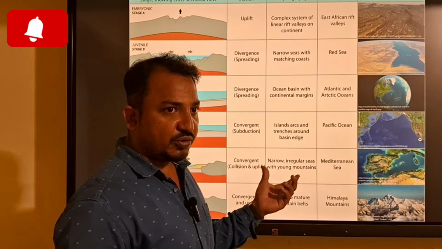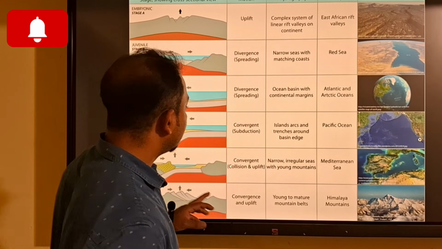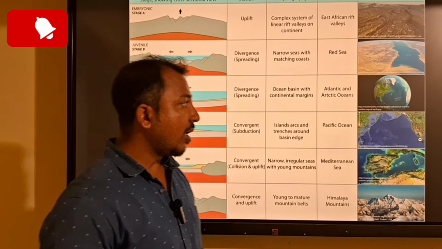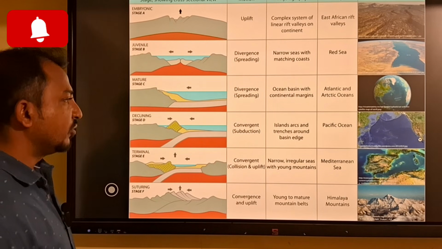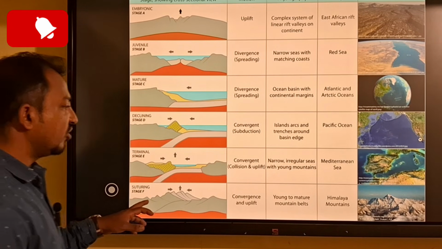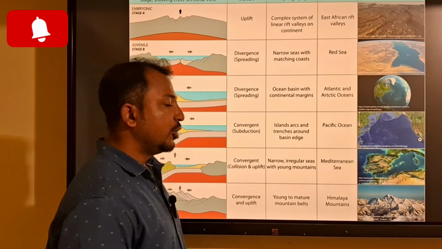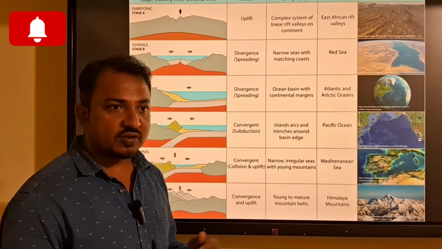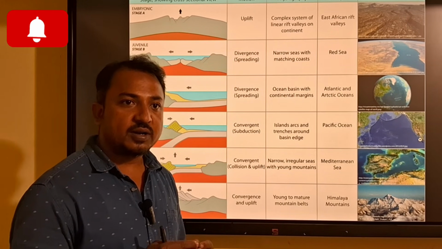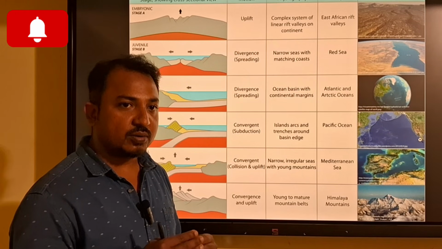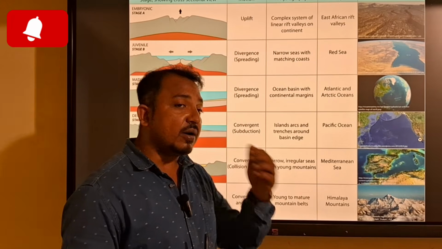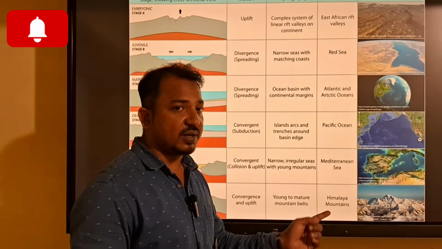There will be collision between two continents, and a remnant of the sea will be found, that is the Mediterranean Sea, which is a remnant of the Tethys Sea, because the Tethys Sea is completely destroyed by convergence. Then the suturing stage, the last stage, where the two continents converge and suture themselves. There will be no subduction because the two continental plates are of the same density, and they produce a mountain range. The example is the Himalayan mountains.